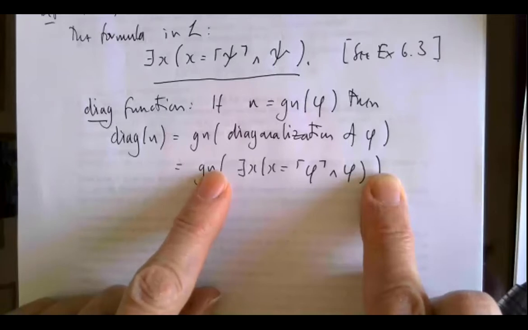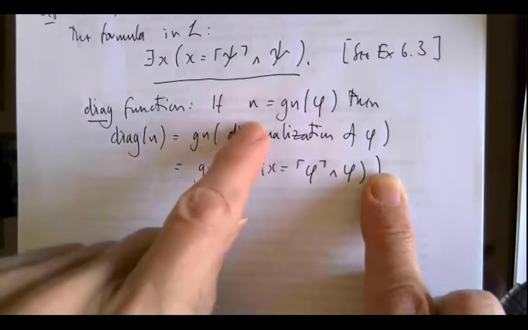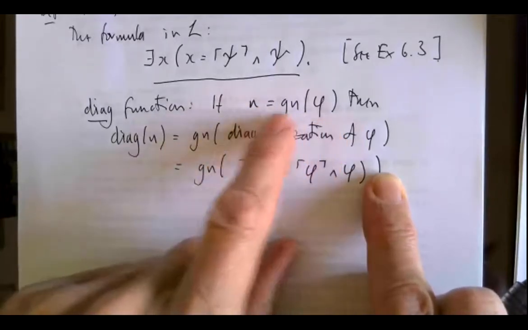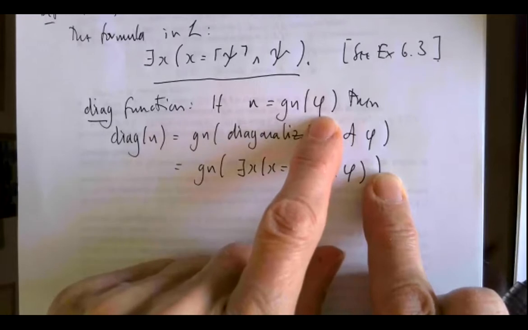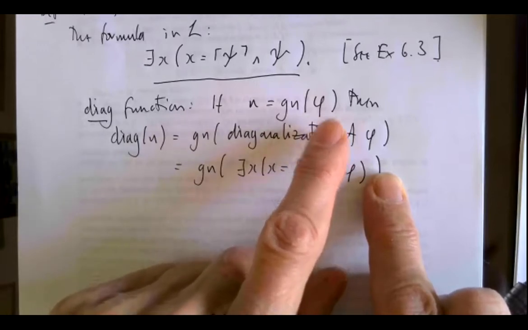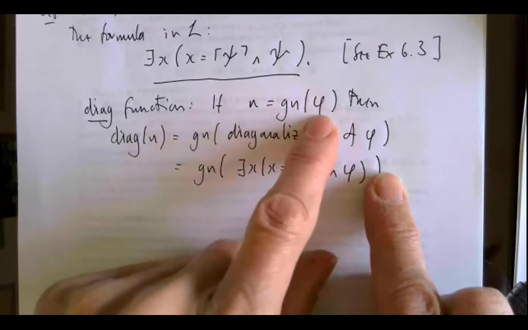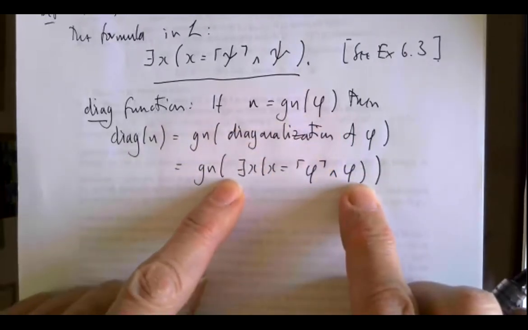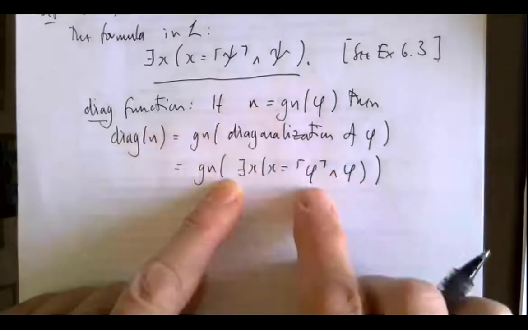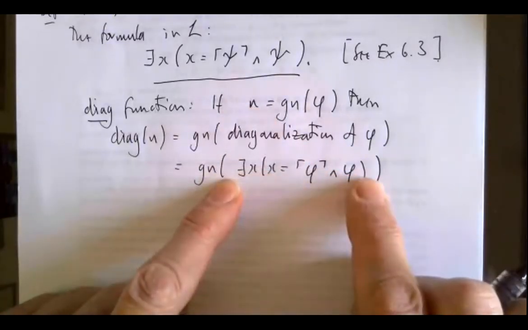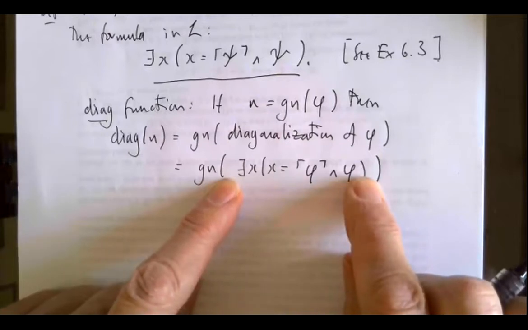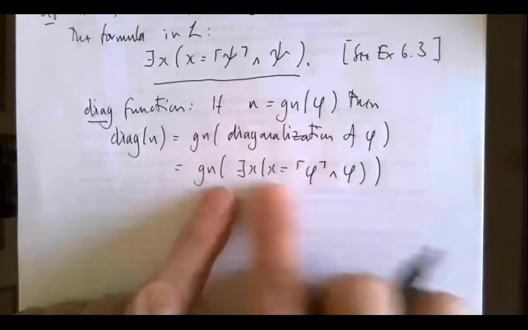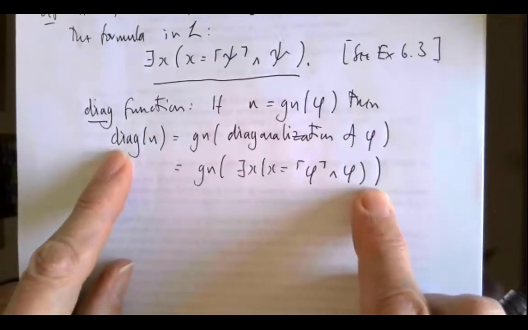And again, it's a completely algorithmic process. You give me this number, and I can decode the number and check it's a Gödel number of a formula. So I've got n, I've got the formula. Now I write down this formula here using this numeral for n in here, and now I just compute its code. And that's the answer. That's what the Gödel number of the diagonalization is, and that's what diag n is.